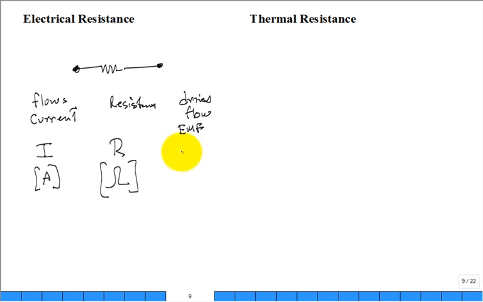Electromotive force, or something like that. Now, what symbol do you like to put for voltage? V. And what SI unit? Volt. And that always is a little tricky. So instead of V, some people have put E. Why E? Electromotive force, E for voltage.